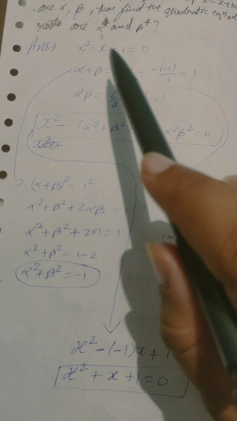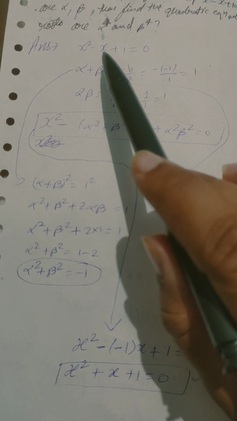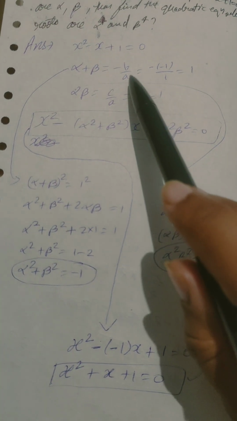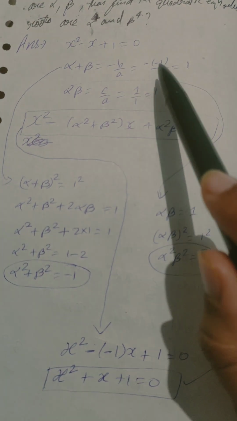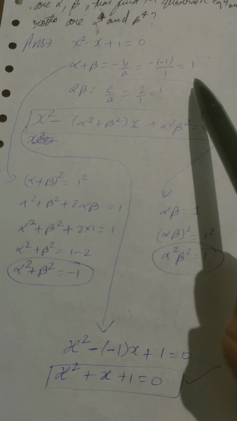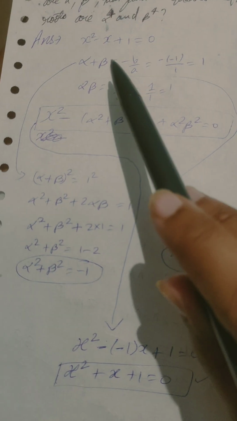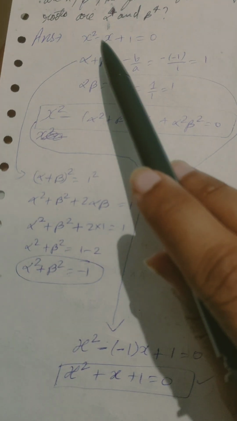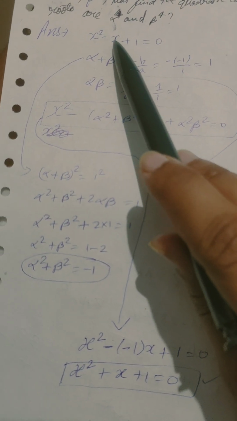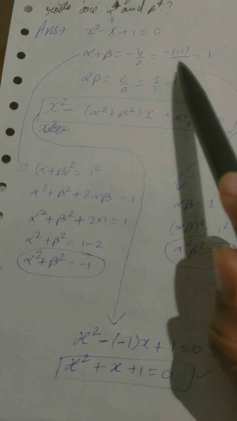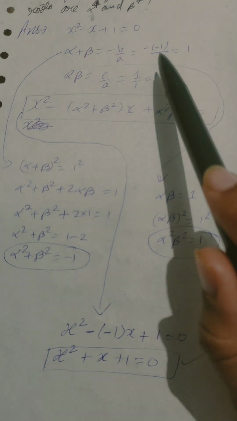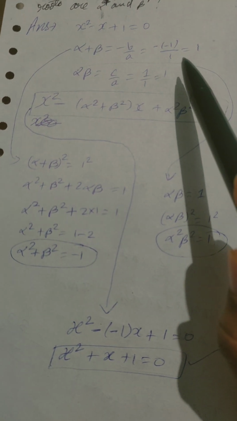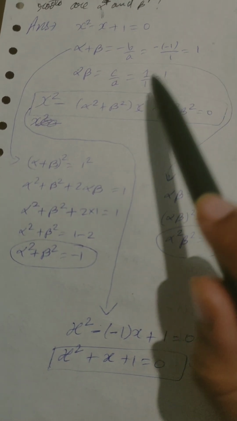So a is 1, b is minus 1, c is 1. So minus b by a, that is minus of minus 1 by 1 equal to 1.